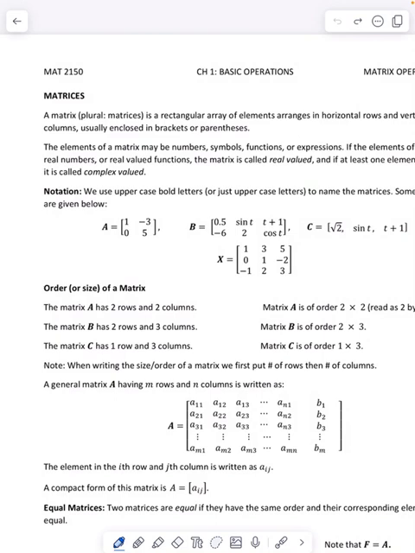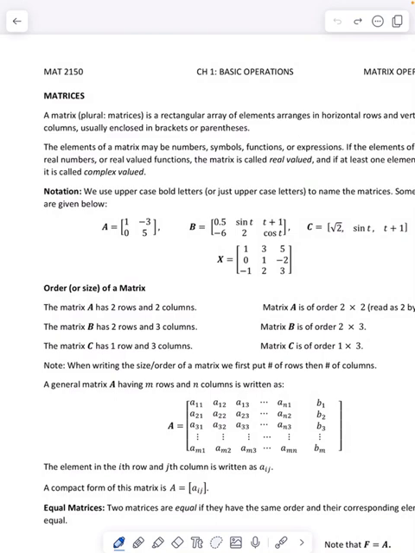Those are special matrices called vectors. But for uppercase matrices, I will not use the bold one. In most books we use just the uppercase letter, not bold, as the name for a matrix. Now there is a size of a matrix, or order of a matrix.